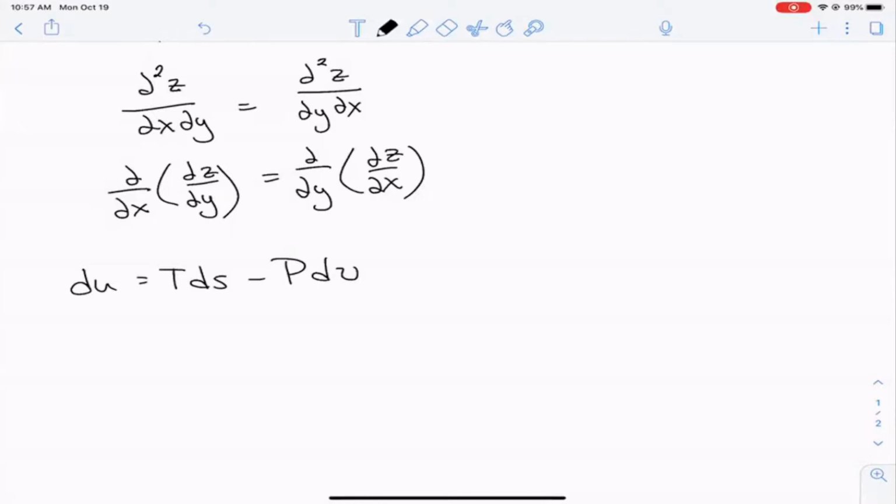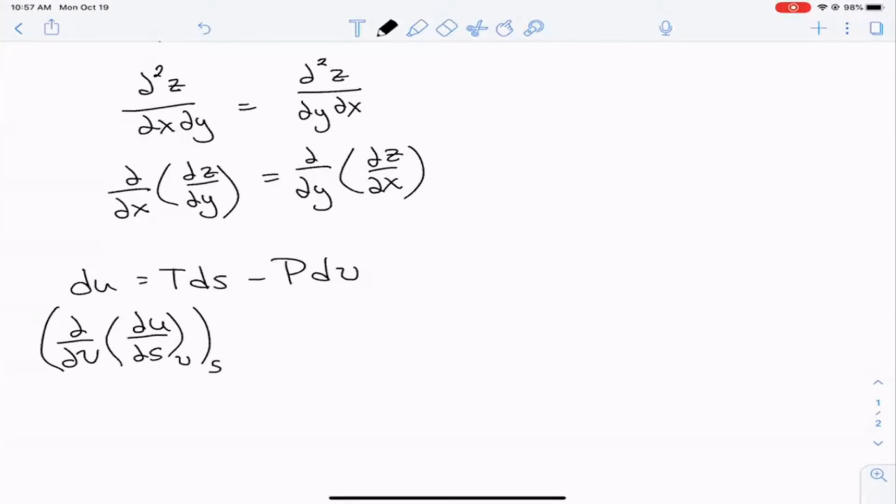I'm going to take d over dV of dU dS at constant volume, and then d over dS of dU dV at constant entropy.